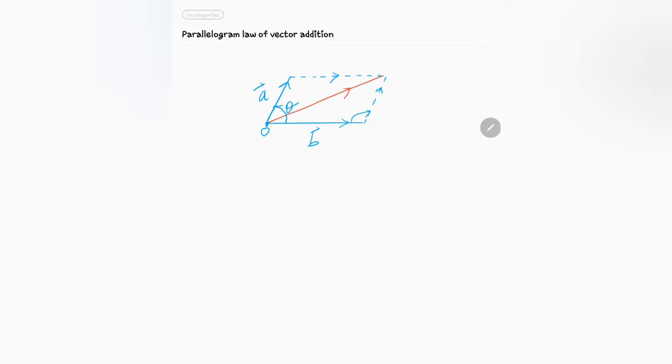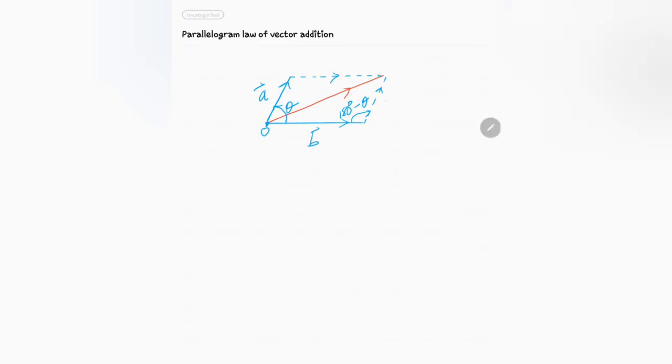According to the properties of a parallelogram in mathematics, if the angle between them is theta, then this angle here will be 180 degrees minus theta. That is one of the properties of a parallelogram.